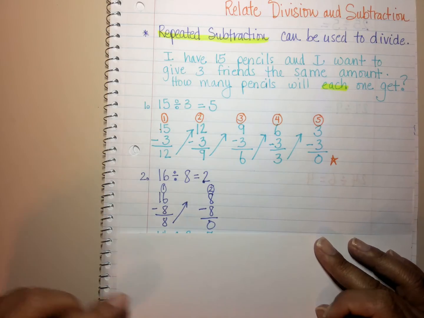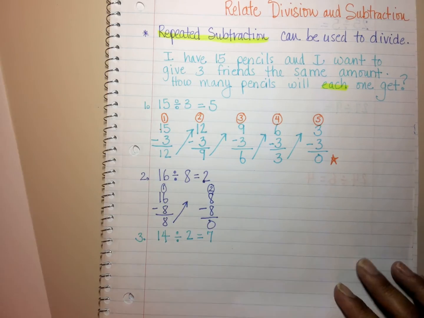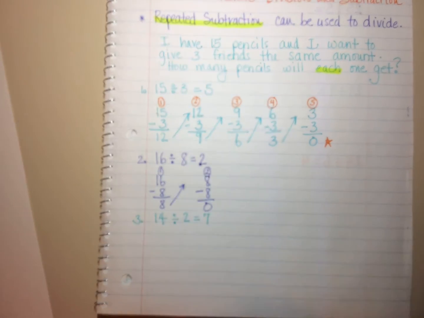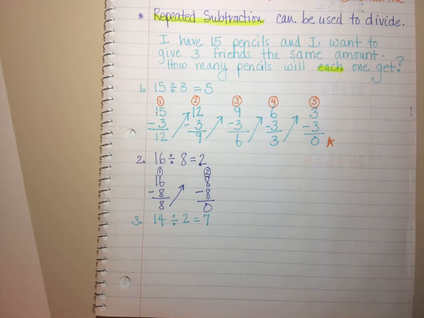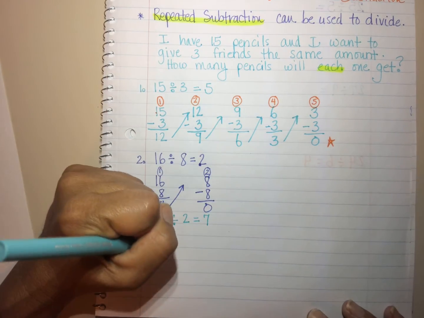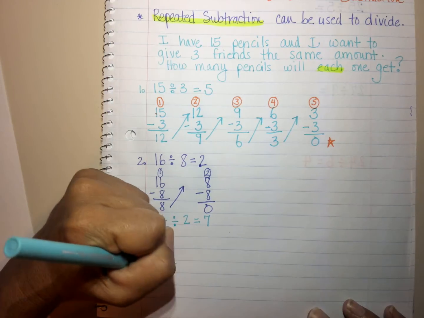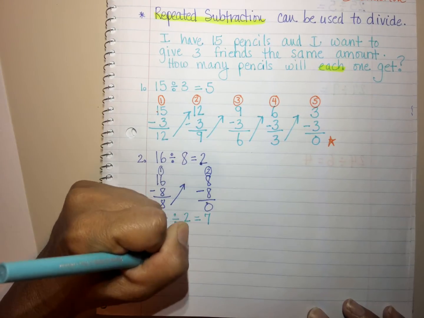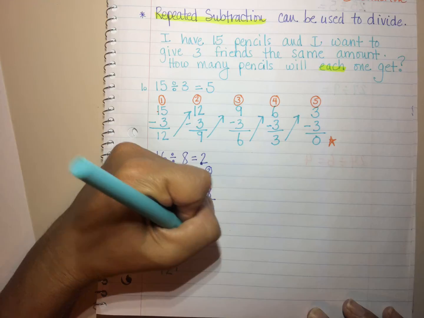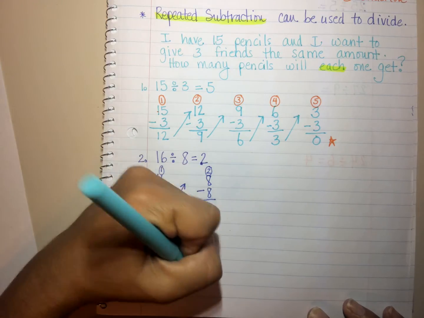Okay. And for the final one on this page, we've got 14 divided by 2. So I'm going to subtract 2 each time. You bring up the difference, and you keep subtracting 2.